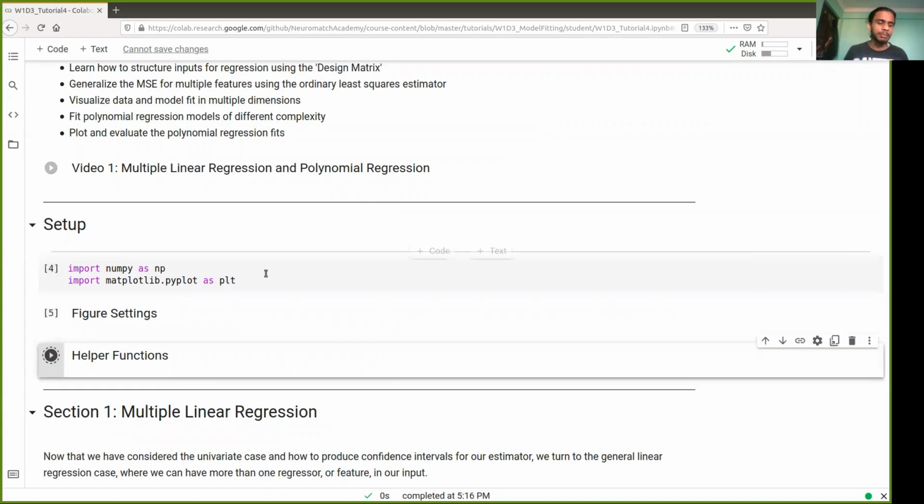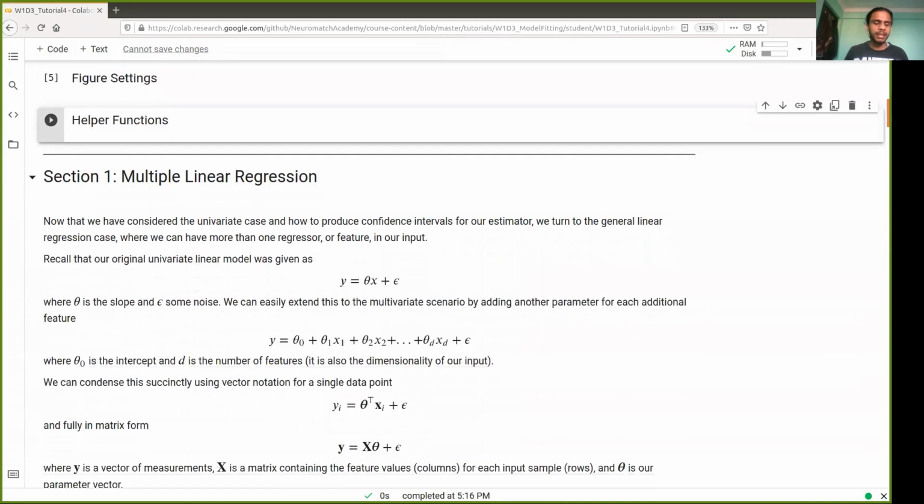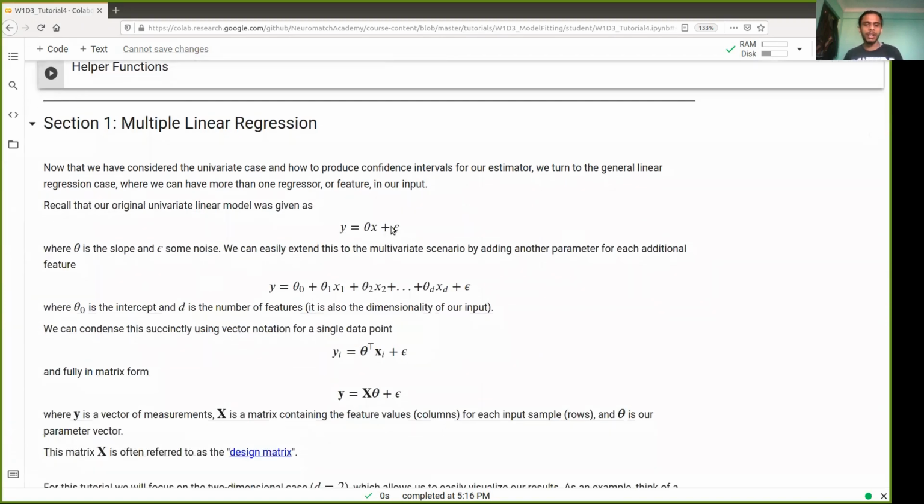We'll import the required functions, right? And then let's talk about linear regression. In linear regression, you have y as the dependent variable, which is expressed in terms of x as y equals theta x plus epsilon. Here theta represents the slope of the line, right?